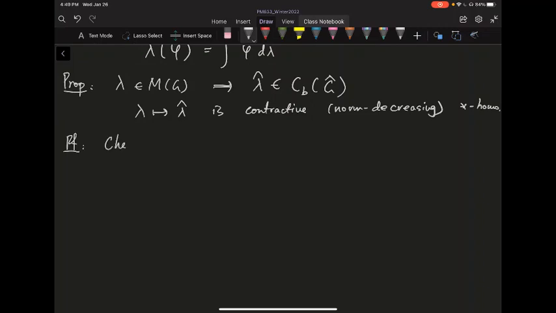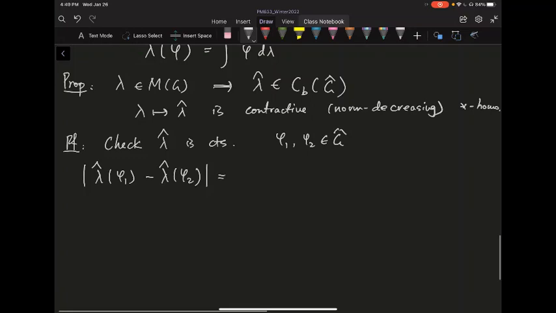So let's check that this lambda hat is actually continuous. To show it's continuous, I essentially just want to know the difference between its values at two of these characters. If I have phi1 and phi2 inside G hat, I basically want to know what their difference is.